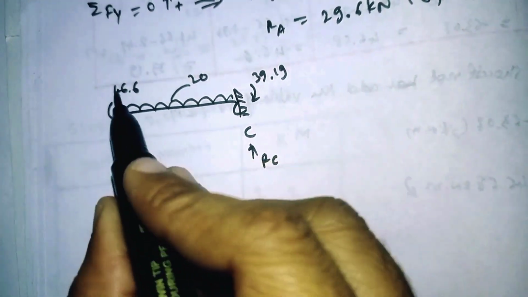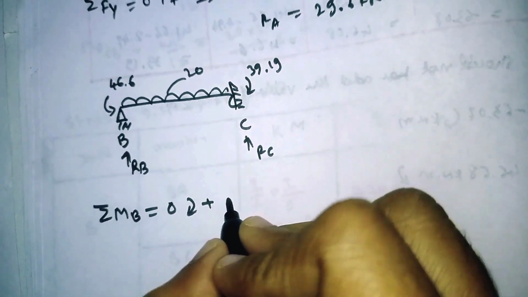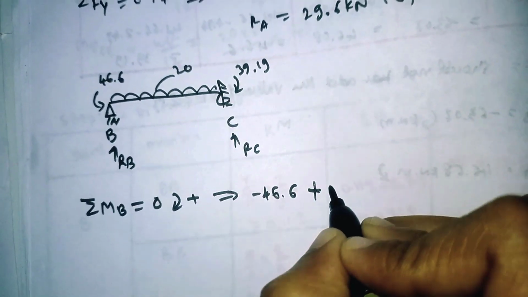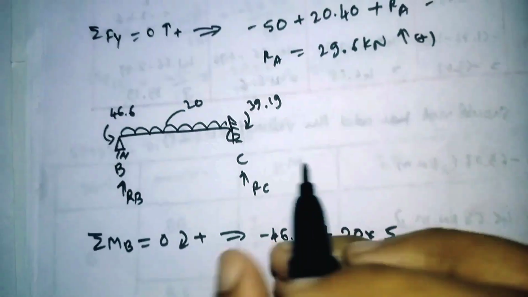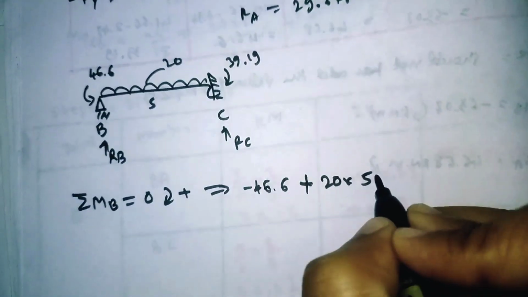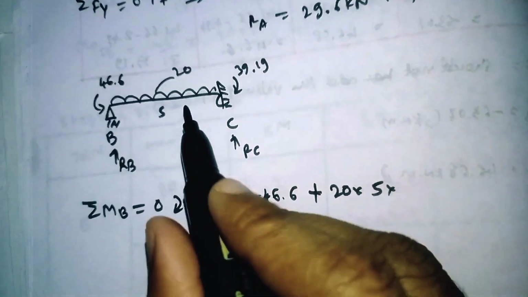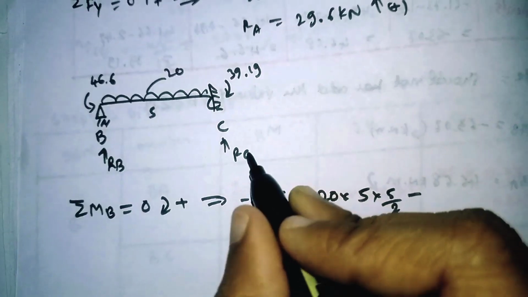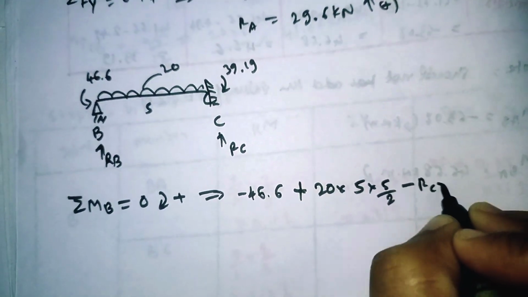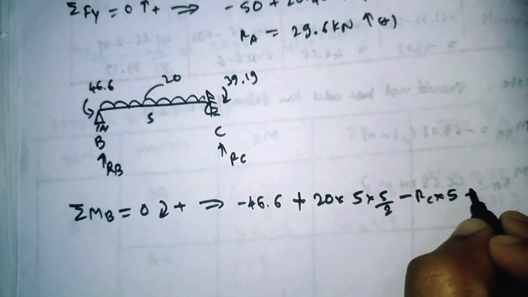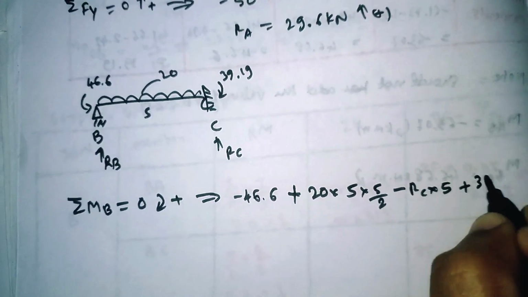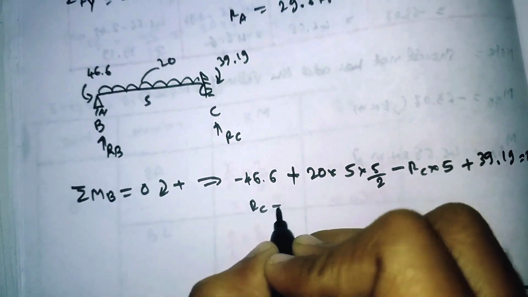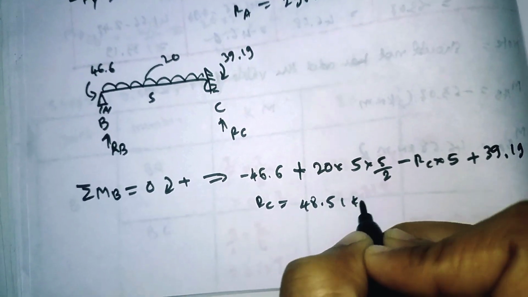So this moment is moving anti-clockwise, so minus 46.6 plus the UDL, clockwise, 20 into 5, at a distance, UDL always acts at L by 2 distance, so L divided by 2, and minus, it is anti-clockwise, minus RC into distance 5, plus this is clockwise, 39.19 is equal to 0. So by simplifying, our RC value will come out as 48.51 kilonewton.